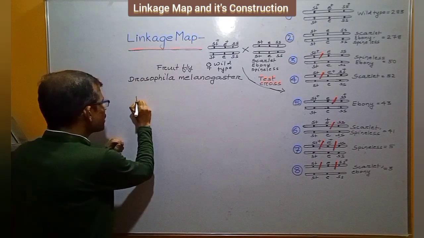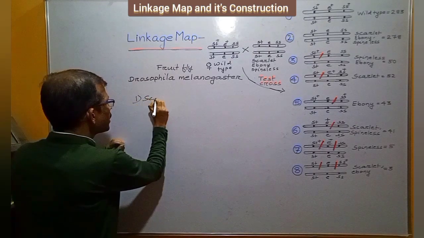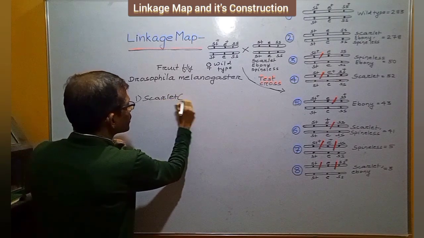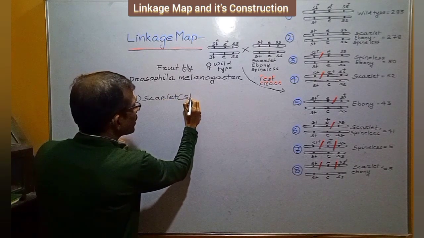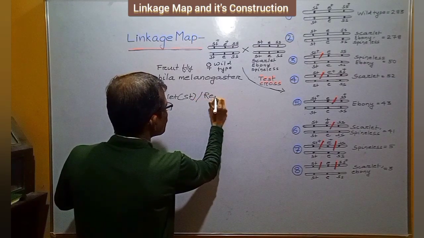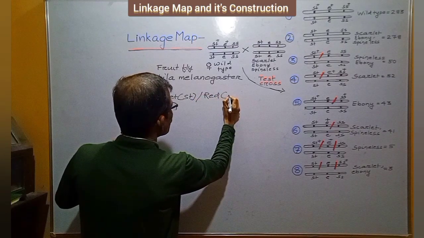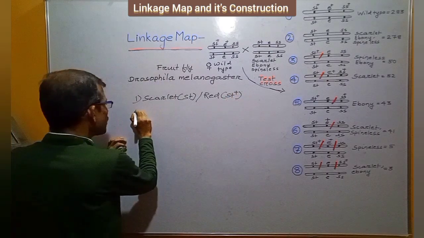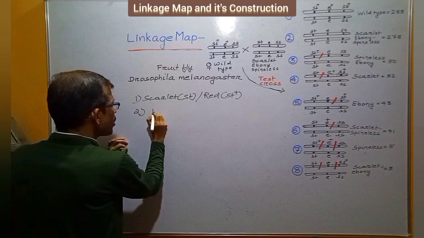These 3 recessive mutations are like this. Number 1, scarlet eyes. Scarlet eyes are recessive to wild type red eyes.